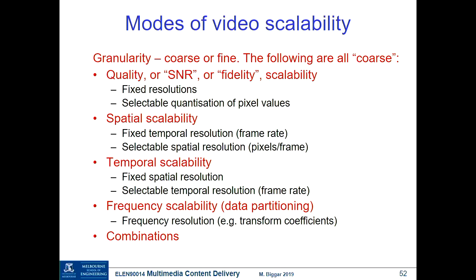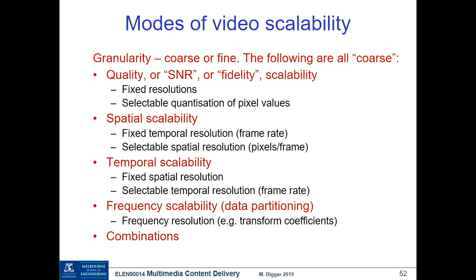We can have different spatial resolutions. We could have different temporal resolutions, different frame rates, for instance. Or we can do this thing that's called frequency scalability, but I won't bother trying to describe it before we get to the graphic.